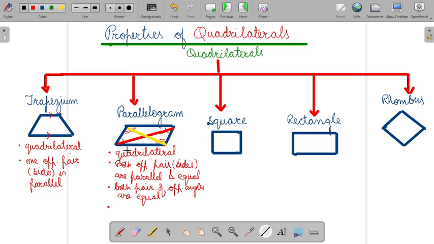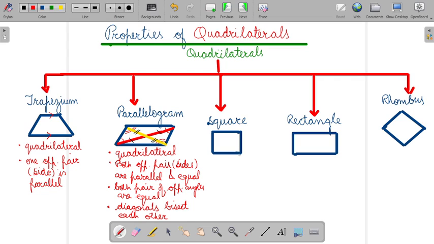Bisect each other means this side will be equal to this side and this side will be equal to this side. So one more property of a parallelogram is that the diagonals bisect each other. These are the properties of a parallelogram.